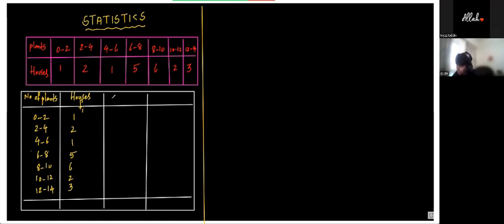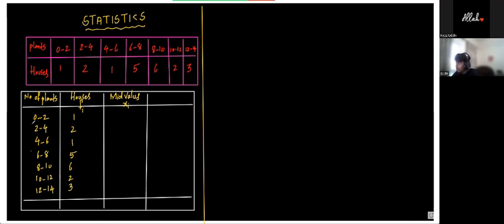Then this column is called mid values, denoted with Xi. So how to get the midpoint of 0 to 2? The formula is lower limit plus upper limit divided by 2.